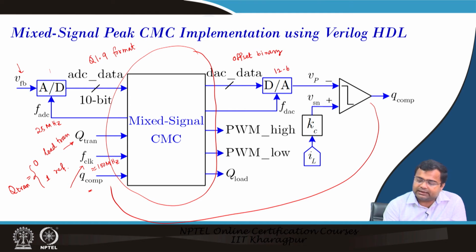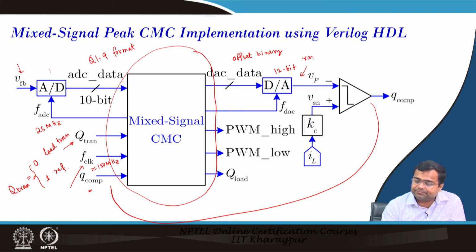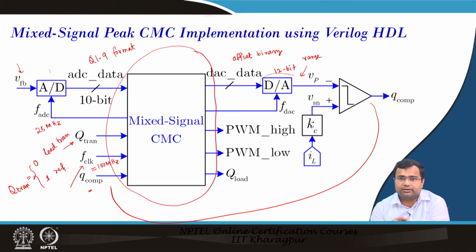And it is 12 bit data, and for the DAC voltage, the output range, the analog range that we are considering, including the driver, because there will be a DAC plus a DAC driver, it is coming from minus 1 volt to plus 1 volt. So, this is the range that we have. And this gain is what? It is like 10 into 10 to the power minus 3 volt per ampere.